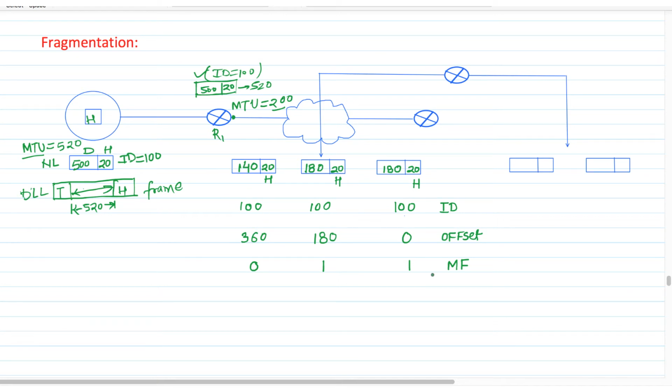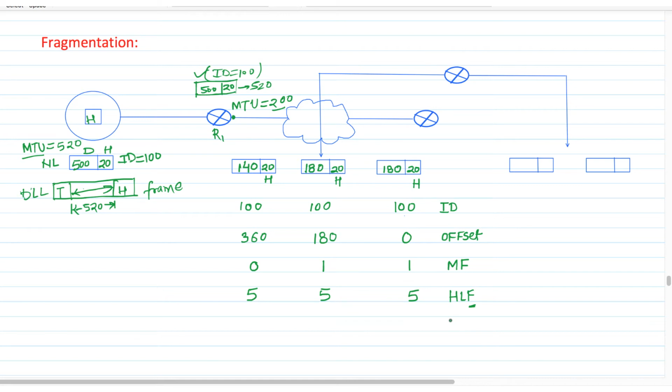Now the header length field. I am talking about the header length field, not the header length. As we can see, the header length is 20 for all these 3 fragments. But the header length field will be 20 divided by 4, which means 5. For the first fragment it is 5, and for the third fragment also the value will be 5.